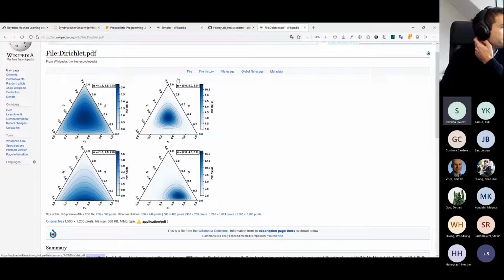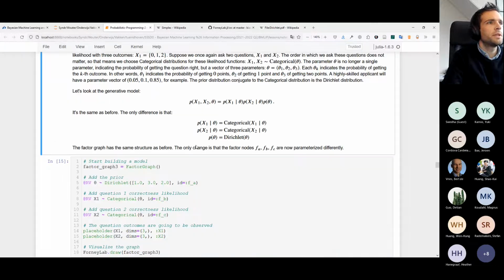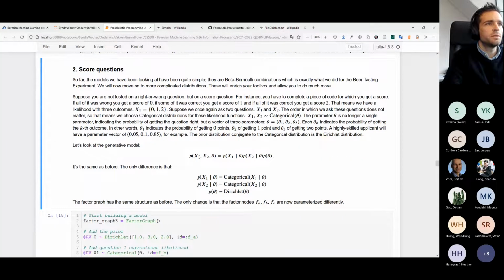So if I understood you correctly, do the sides of the triangle represent each element of the alpha vector? Or is it each element of theta? Yes, that might be a bit confusing because here it says x1, x2, x3, and then in this example I have x1 and x2 for the outcomes of the categorical variables.